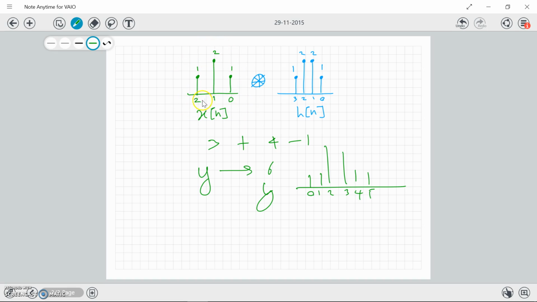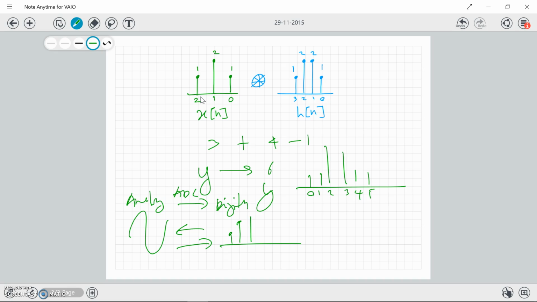This is the signal that we obtain from the analog to digital converter. Whatever the analog signal we have here, we convert to digital by using the analog to digital converter. So how is this signal going to look? It's going to be in the form of impulses. We're going to process this signal.